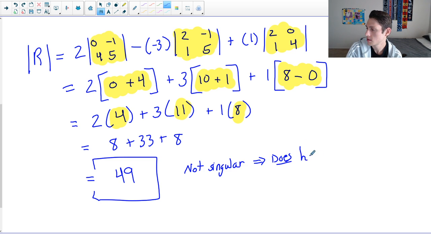Yes, it does have an inverse. Right? If it were singular, if we did get 0 for the determinant, we would say yes, it's singular, which means there is no inverse. But this determinant is 49, which means it is not singular, so that it does have an inverse.